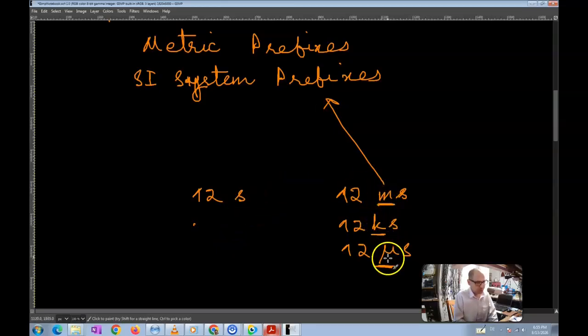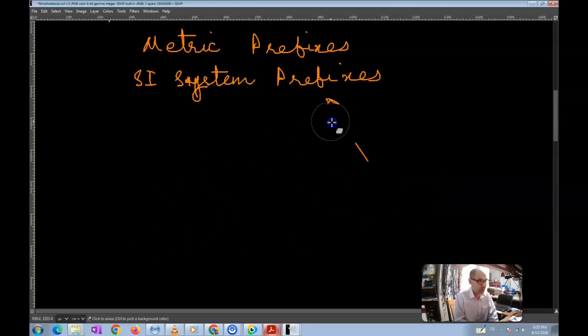The purpose of these prefixes is the following. Let me give you an example so that you understand it. Suppose there is a path that goes from one city to another city.